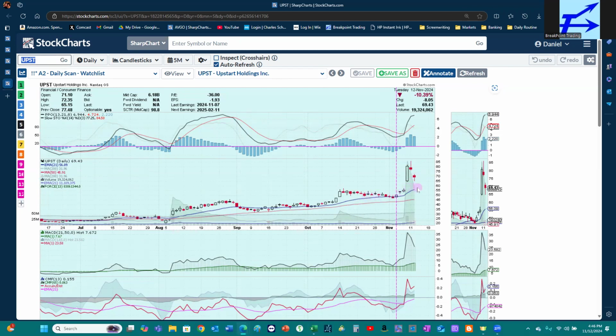So 55 is right at the bottom of this big candle. I'm sorry, 55 is at the top of, or the bottom of, the gap down here, right with the 21-day. 21 is at 56. So it's right below the 21. So that's where the stop would have been. And we'd still be in it basically at that level.